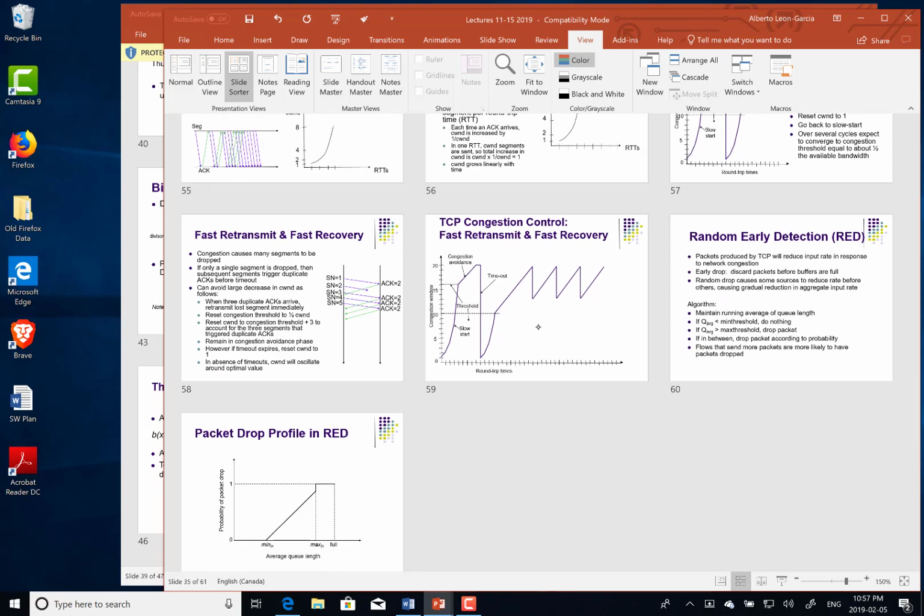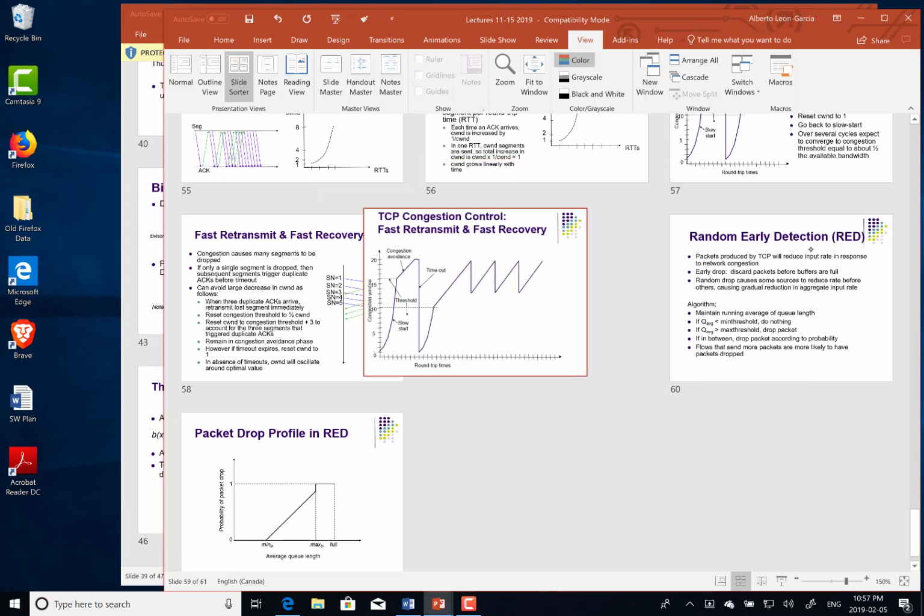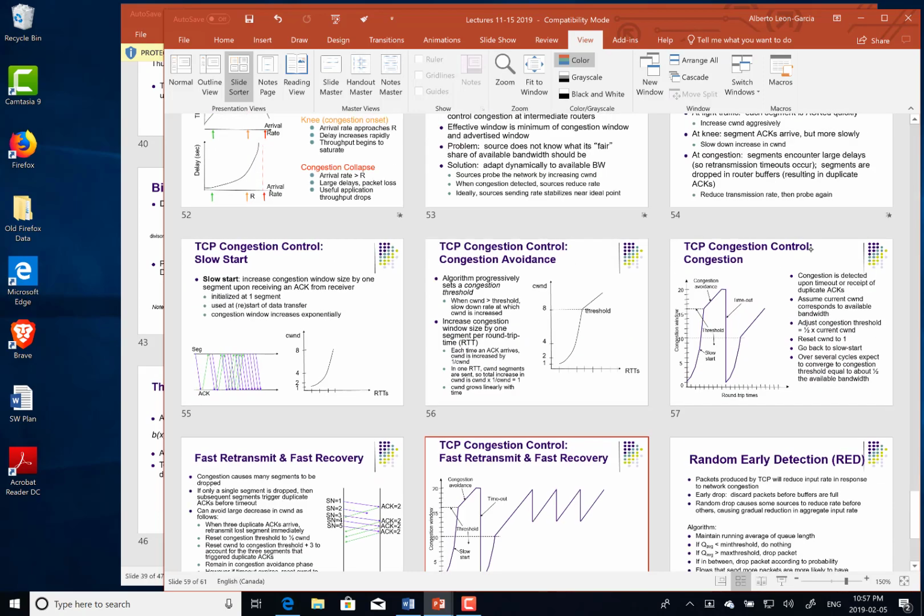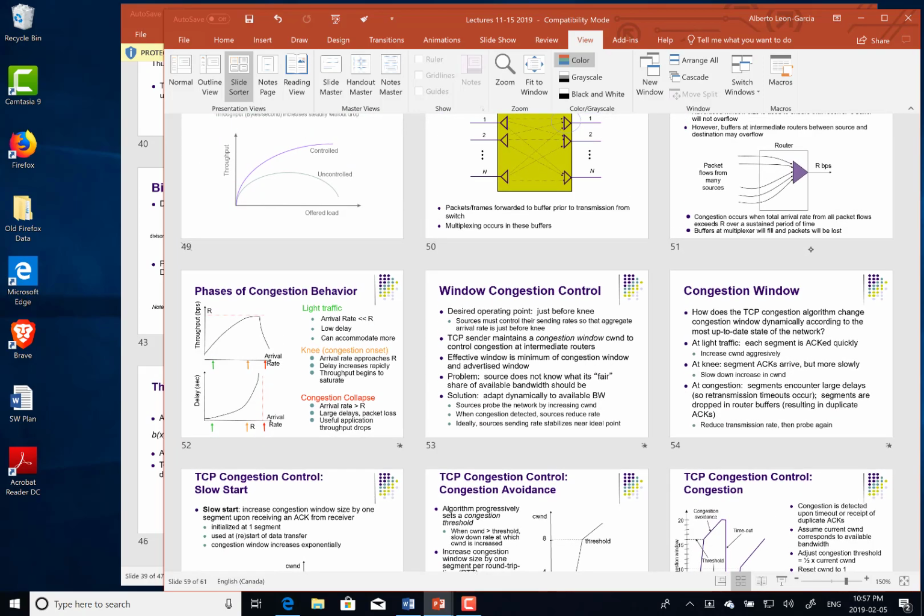Okay. The other thing that TCP has is random early detection, and basically what it does is, let's go back again, here. Okay, when this starts getting congested and the buffer fills up, then many of the TCP flows through here are going to start losing packets, and they're all going to slow down at the same time.